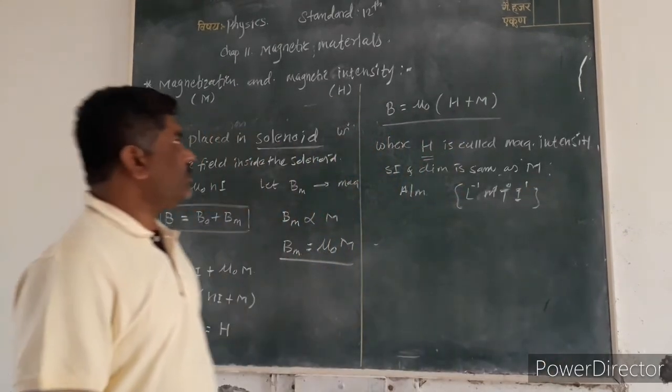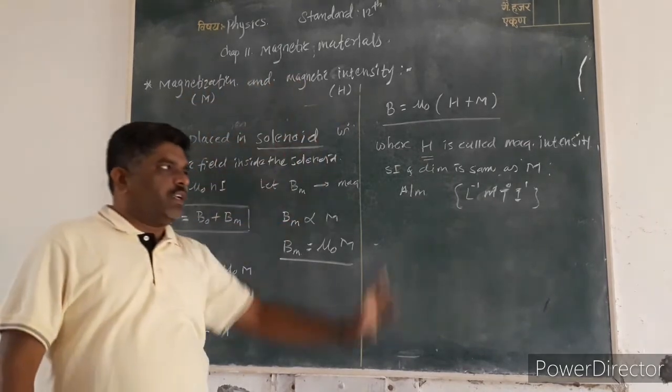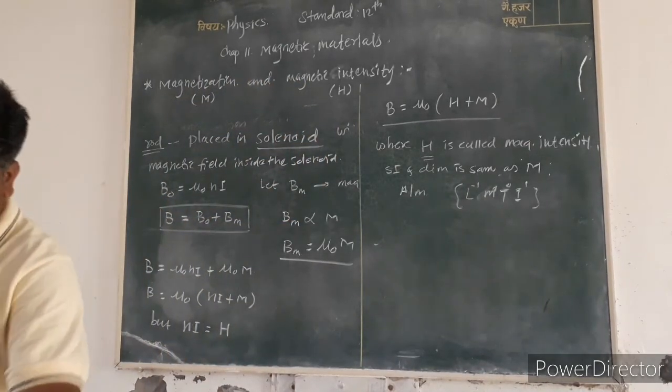The dimension and SI unit of magnetization and magnetic intensity are the same.